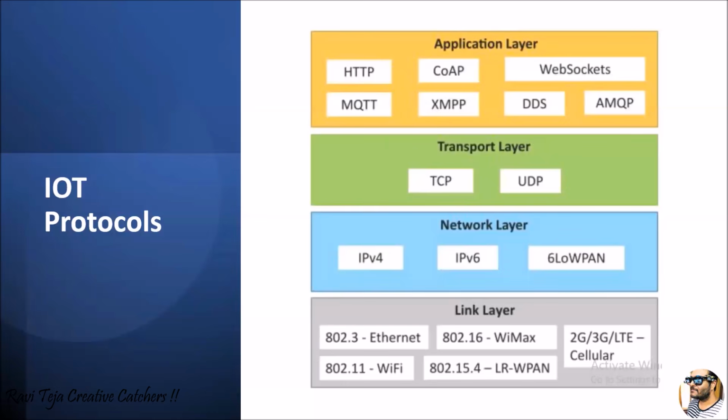And coming to the link layer services, we have wired and wireless, like 802.3 Ethernet, 802.16 WiMAX, 802.11 Wi-Fi, 802.15.4 LR-WPAN, and also 2G, 3G, LTE cellular services. All these things we are going to see one by one.